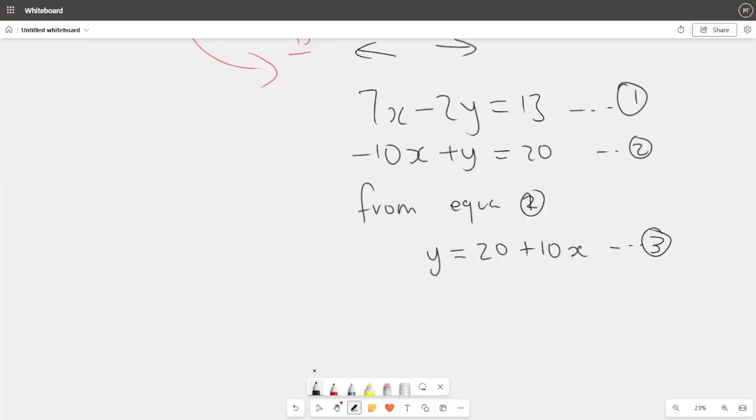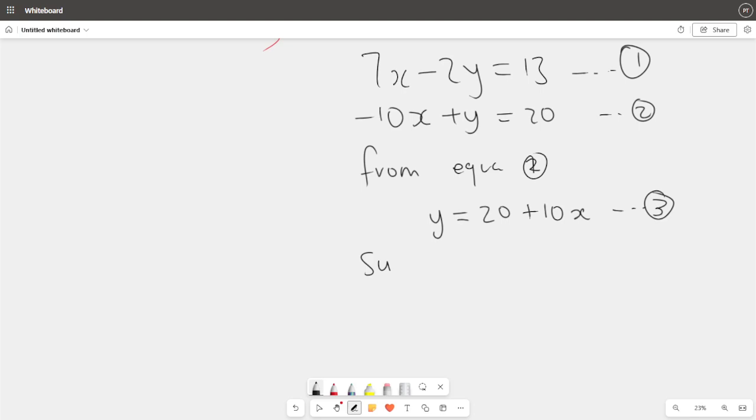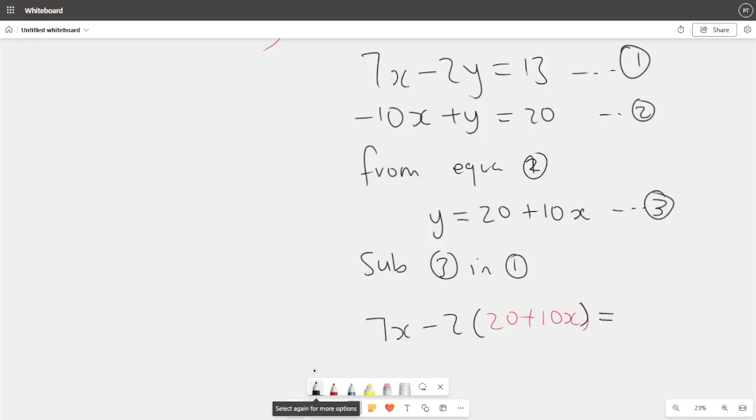Then you then say substitute. You're going to say sub 3 into 1. Then you substitute. You say 7x minus 2, where there is y, you substitute with what you have, which is 20 plus 10x, then close bracket equals to 13.